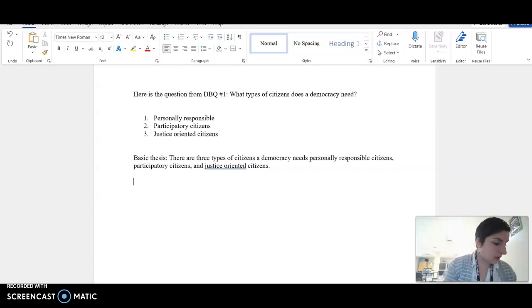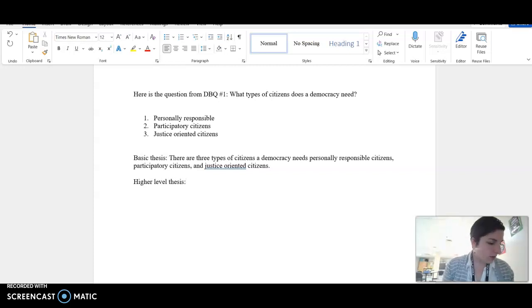But for a more concise thesis statement, one that's a little bit longer but is a higher level thesis statement, you want to put in a little more detail. So this is one that you could write down instead.